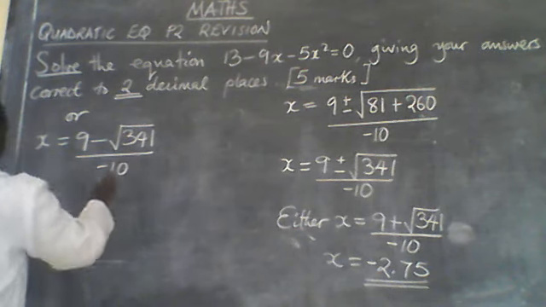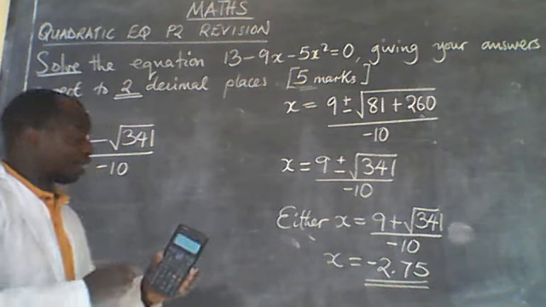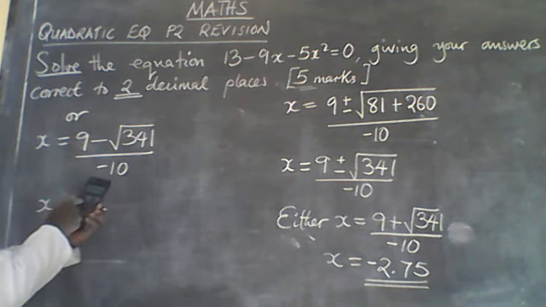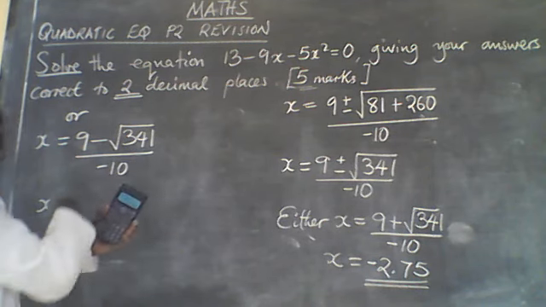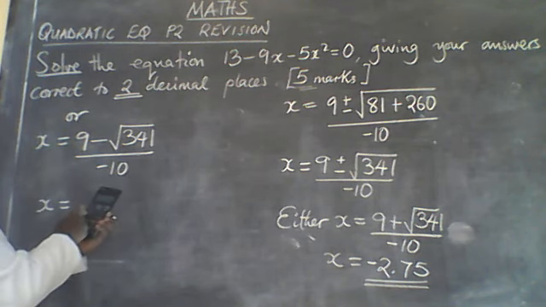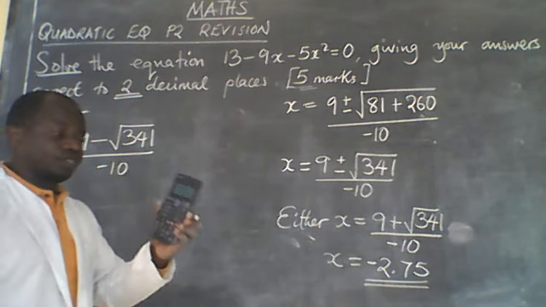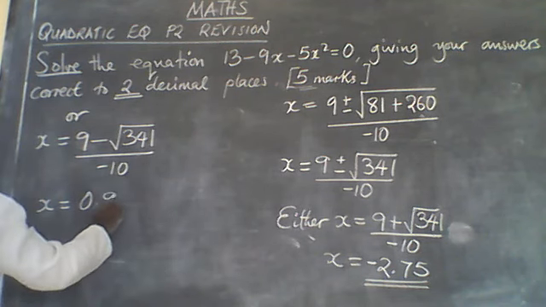Then the other value, we say x is equal to 9 minus square root 341 equals. Then the answer divided by negative 10. Now you are going to have 0.95.